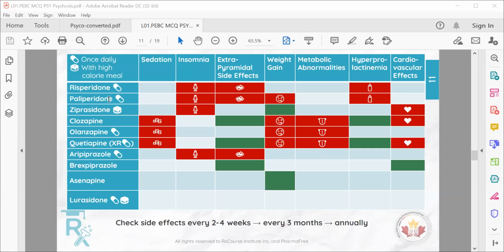Risperidone and its active form paliperidone cause EPS. Why this happened with that? Wafa, are you there? Okay, Shaima, are you there? Yeah, I am here. Okay, why risperidone and paliperidone cause extrapyramidal side effects? If you don't know, that's fine.